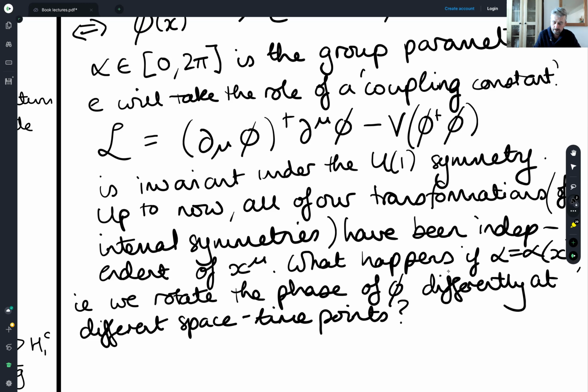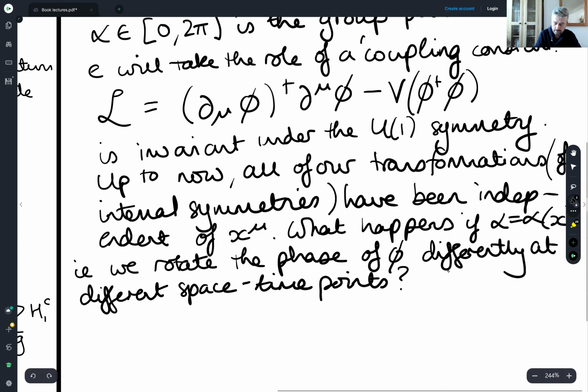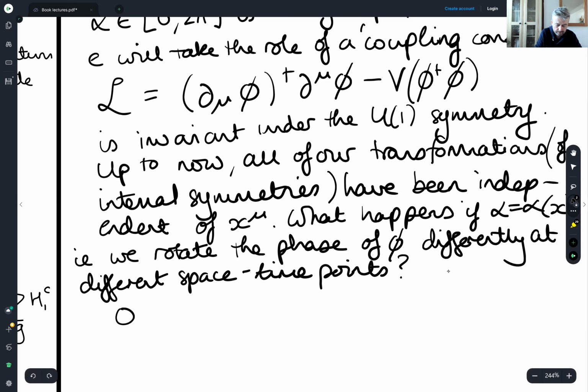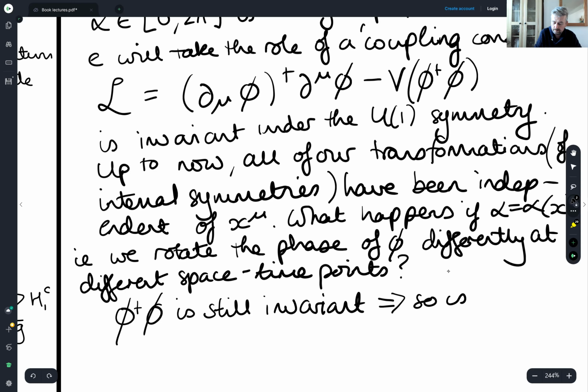Well, okay, so when we do that, we see that phi dagger phi is still invariant. So the potential V, which is a function of phi dagger phi, is as well.